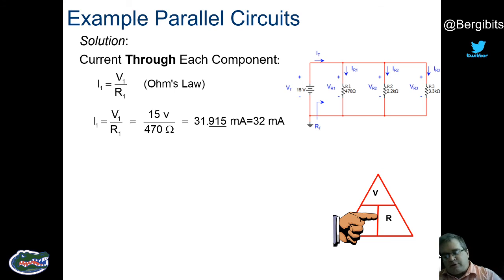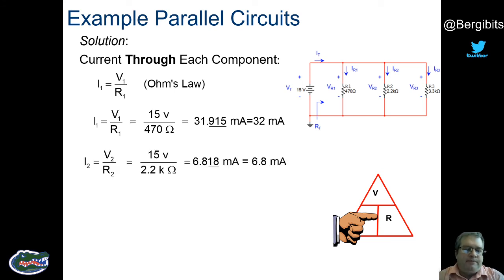So current on 2 is going to be 15 divided by 2.2. Yep, 6.818 milliamps.